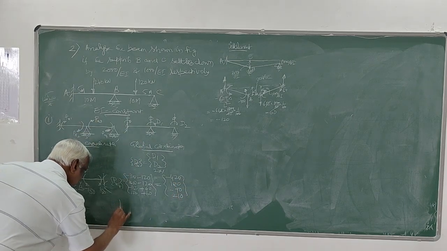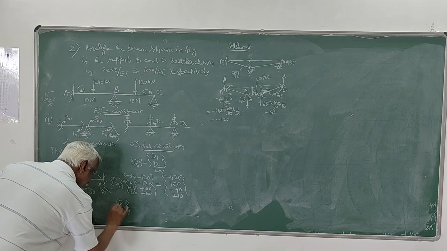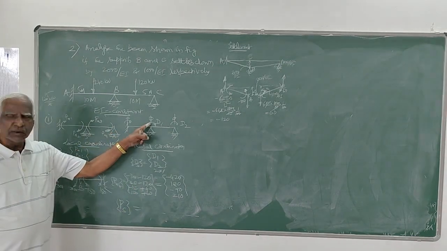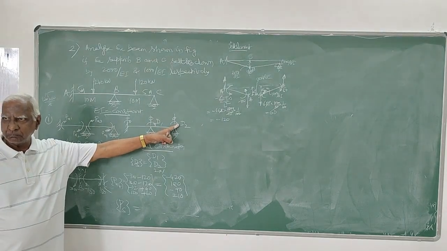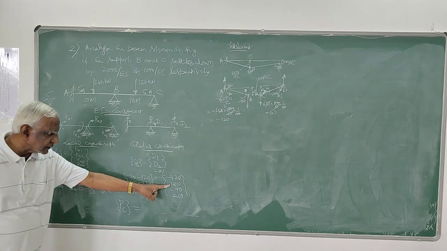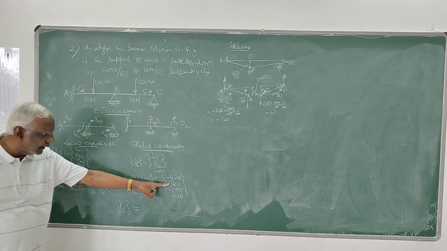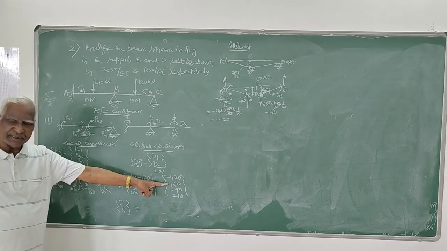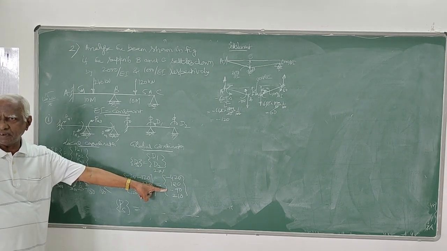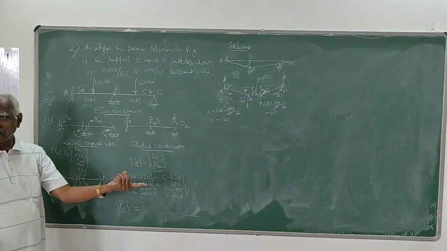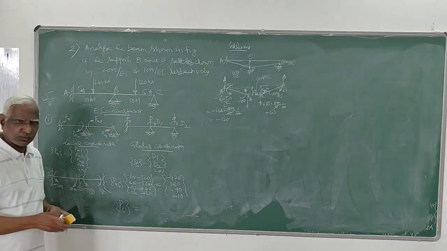Therefore, PS equals, PS corresponds to D1 and D2. Here, due to D1, it is this plus this, MBA plus MBC. Correct? 180 minus 90, it is 90. That to be reversed. Sorry, minus PMS.